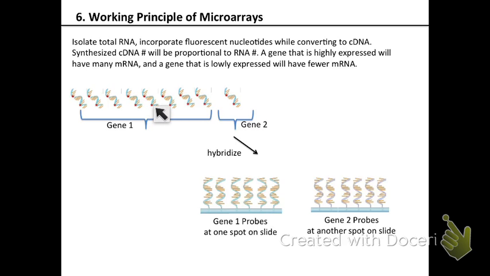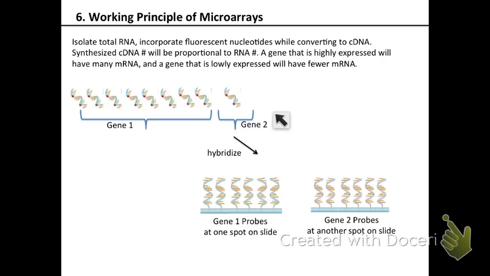And then when you convert this to cDNA, you're going to have lots of cDNA copies that correspond to gene 1. And then gene 2, if it's lowly expressed, that means you have few copies of the mRNA that's transcribed from this gene. The resulting cDNA is going to have fewer cDNA copies corresponding to this gene. Okay? Make sense? Any questions?